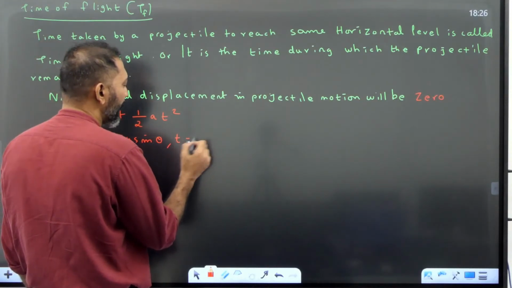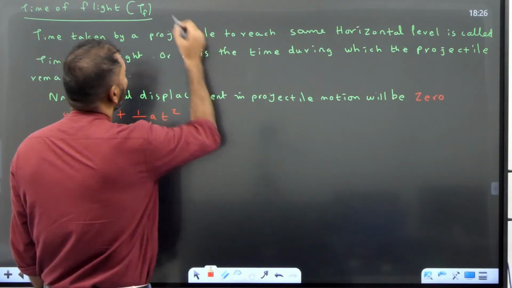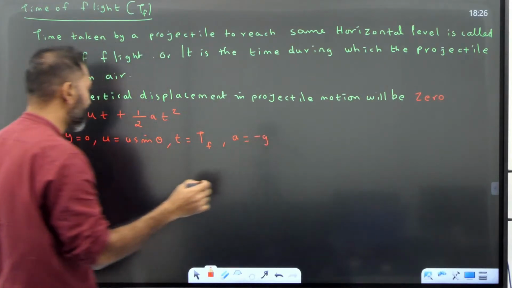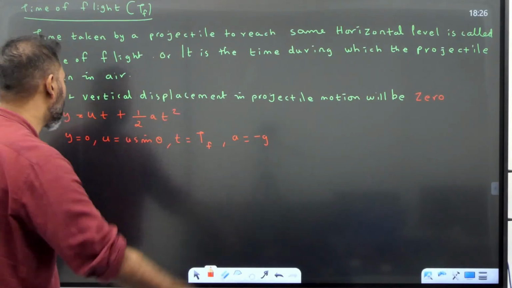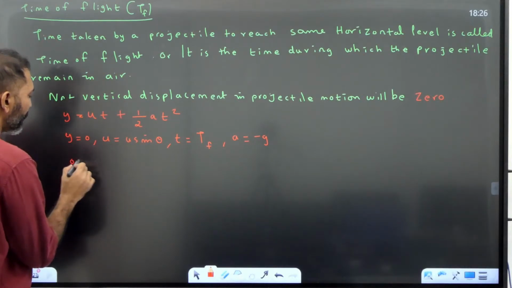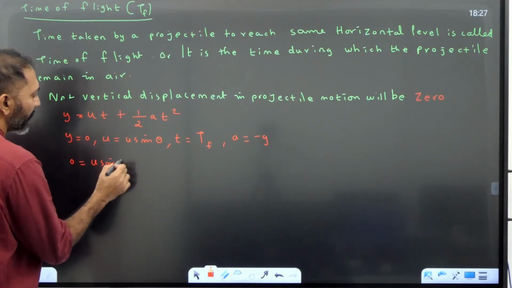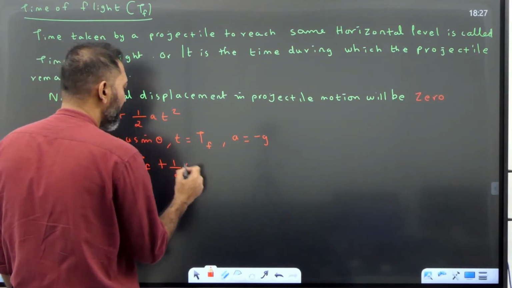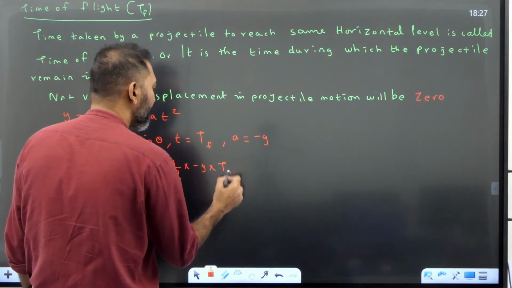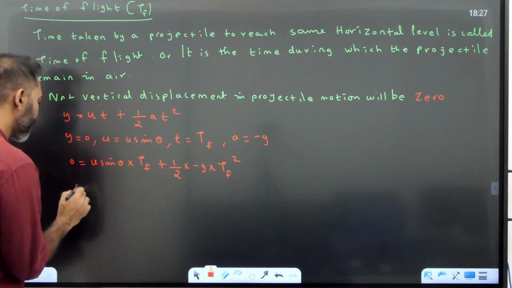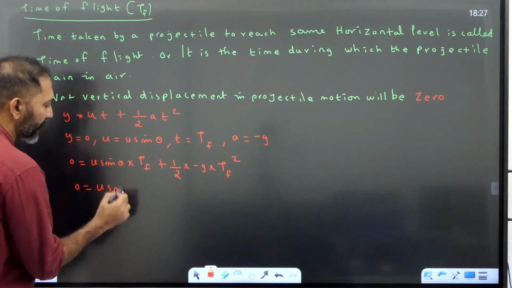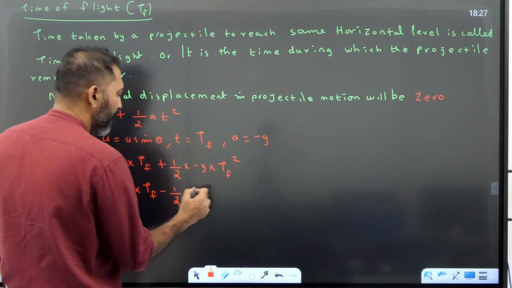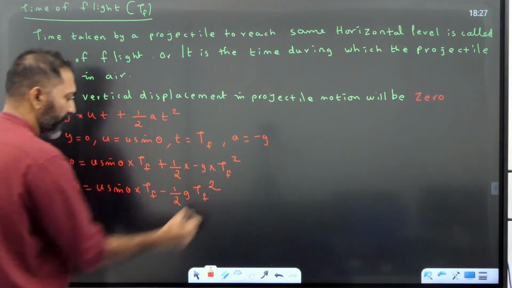Instead of t, I am writing t suffix f, which stands for time of flight. And instead of a, I am writing minus g, because the projectile is moving upward and g is acting downward. So 0 equals u sin theta into t suffix f plus half into minus g into t suffix f square. So 0 equals u sin theta t suffix f minus half g t suffix f square.